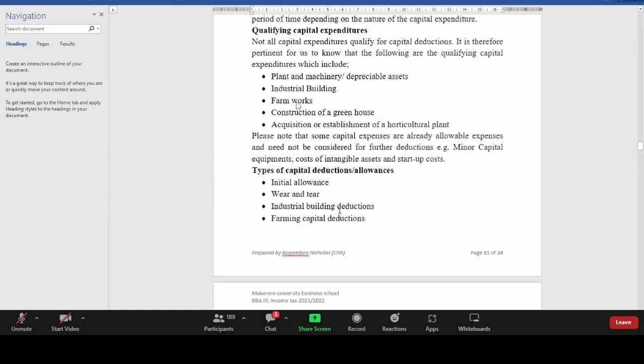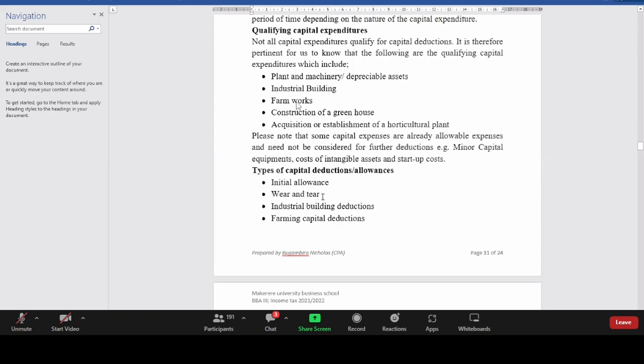We saw that. And it must have been, if you put that asset for the first time in a 50 kilometer radius of Kampala, you are given the initial allowance. We saw that, but it's okay. We can have a review of it after, because it's going to be related to industrial building, and I want you to get the distinction between initial allowance for the building and initial allowance for other eligible property.